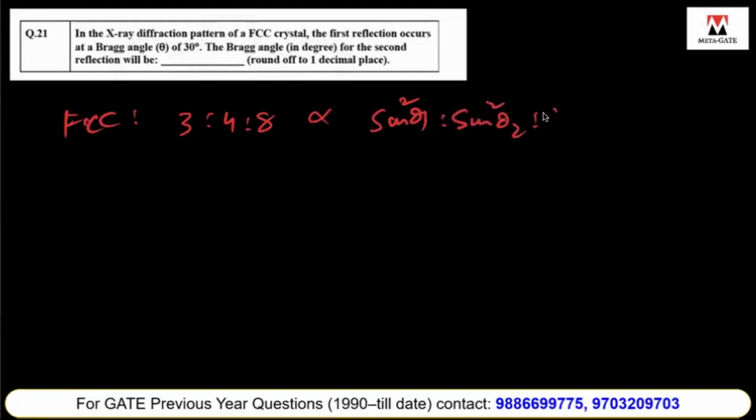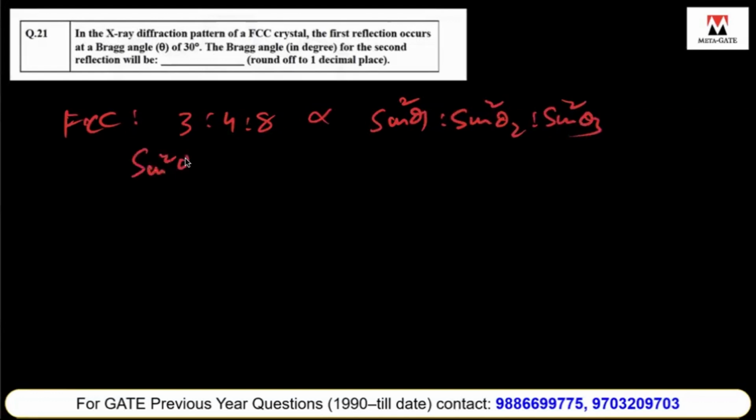In an X-ray diffraction pattern of an FCC crystal, the first reflection occurs at a Bragg's angle of 30 degrees. The Bragg's angle for the second reflection will be? In an FCC crystal, the sine square theta values are in the ratio of 3 is to 4 is to 8, proportional to sine square theta 1 is to sine square theta 2 is to sine square theta 3.